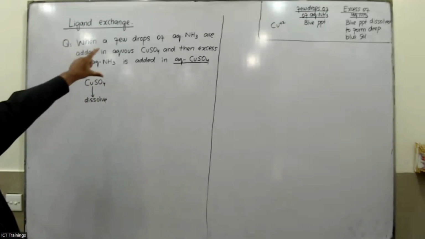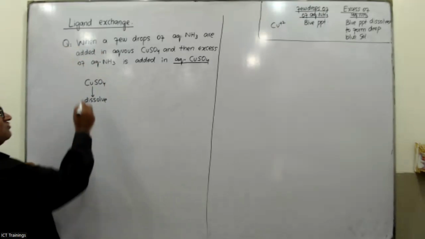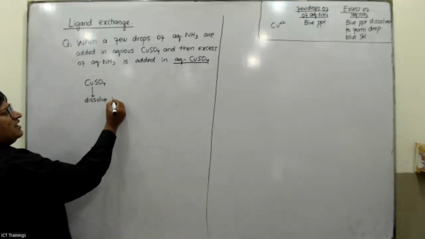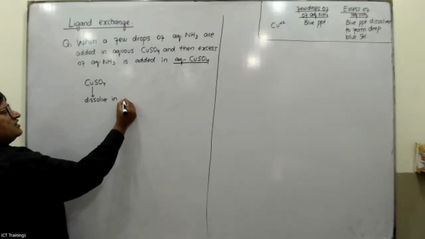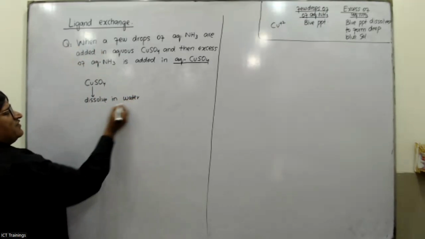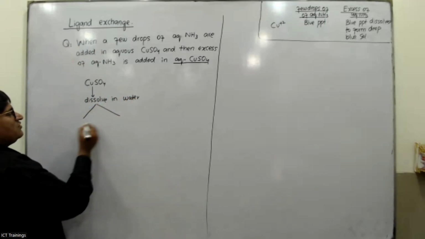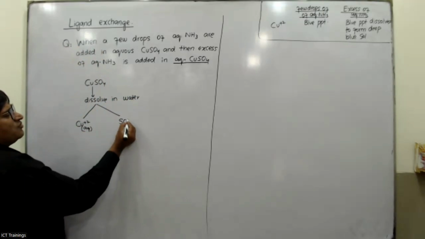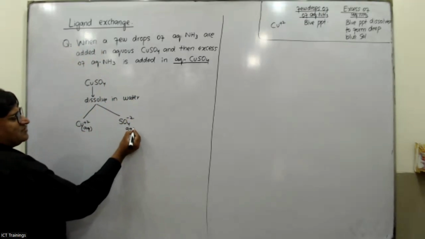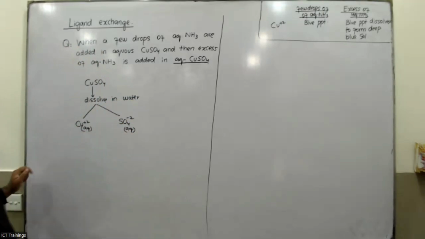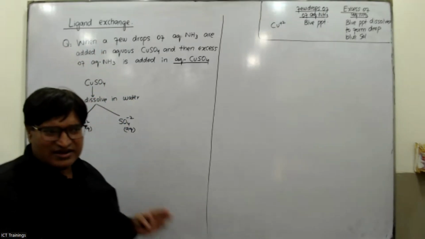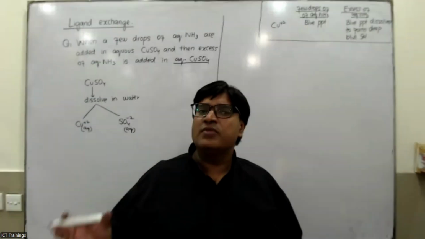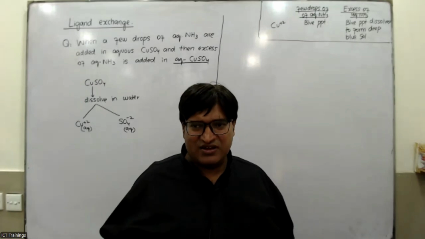When copper sulfate dissolves in water, it forms copper plus 2 ions, you write aqueous for it, and SO4 minus 2 ions, you write aqueous for it as well. This is an ionic compound. The ionic compound breaks down to form positive ion and negative ion.